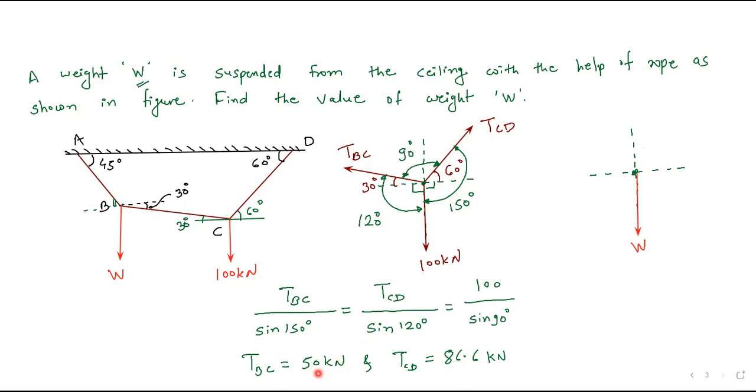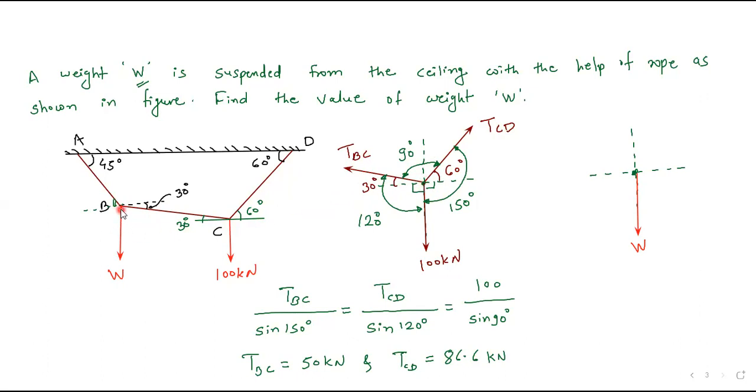BC we have already calculated as 50 kilonewton, but now we are considering joint B and BC is the string. A string always carries tensile force, so its arrow should always be away. While showing the free body diagram of C, you show the arrow of BC to this side, because this indicates the tension, as your point is over here, C point.